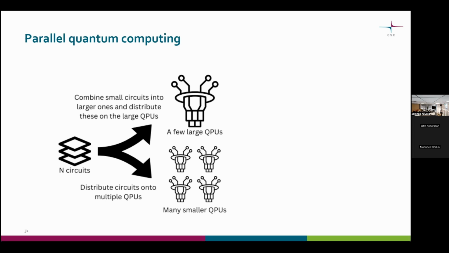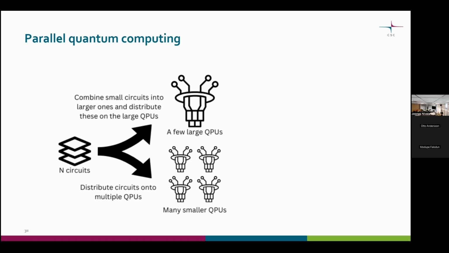So let's say you would have 16 circuits and only one QPU, and you need to run all the 16 circuits in sequence on your QPU. That can take a while, and it's not nice for the user. Let's say you have 16 QPUs, and then you can just run all of them in parallel on different QPUs and get your results back immediately.